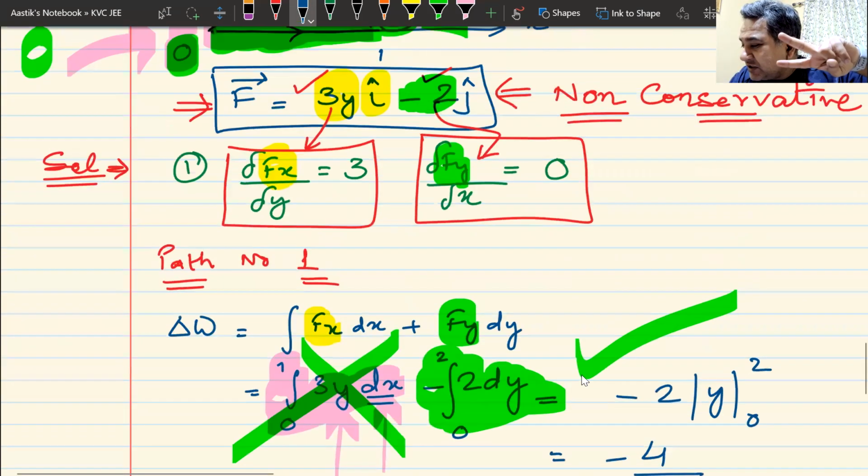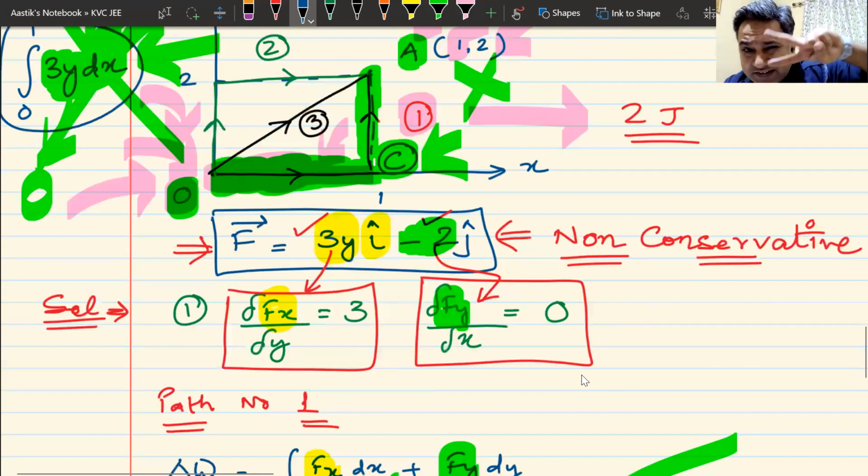If you look at this question very carefully, it basically consists of 2 forces: one along the x-axis and one along the y-axis. The force along the y-axis is conservative, because it is minus 2j. It is a constant force. But the force along the x-axis is not conservative, and that is the force creating the problem.